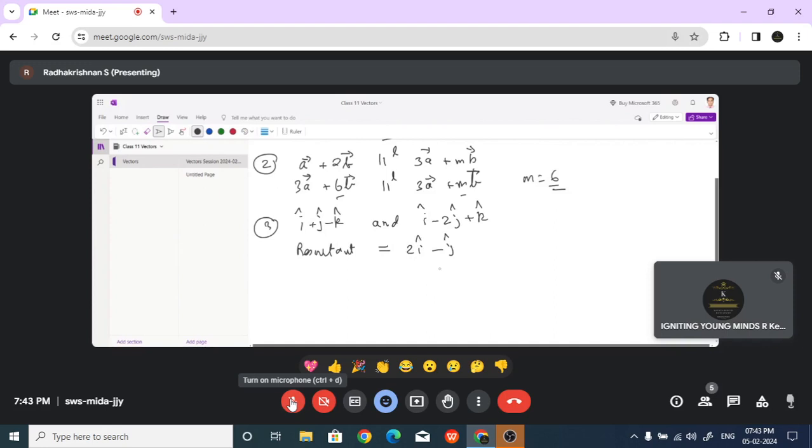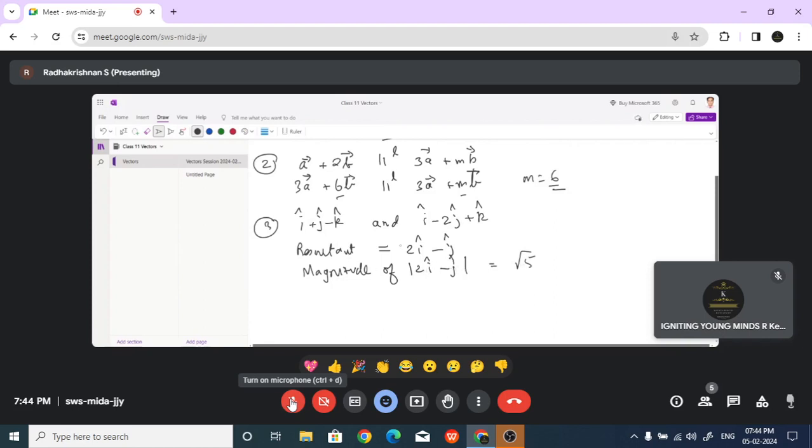So what number should we multiply? First, we need to simply find the magnitude of this vector. What is the magnitude of 2i minus j? Root 5, sir. Root 5, right? Root of 2 squared plus 1 squared.